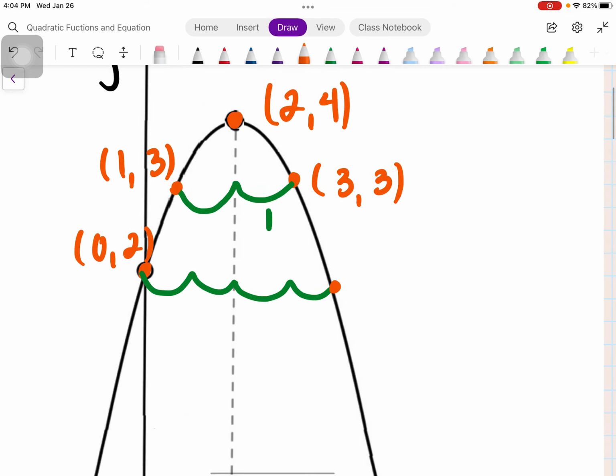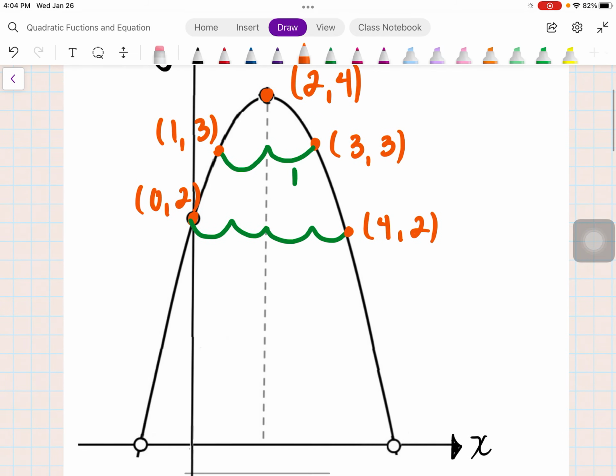Like I said, guys, 0 is 2 spaces away from 2, and 0 comes before 2. So then one number in this case comes after 2 that is 2 spaces away from 2. And in this case, that would be 4. So (4, 2).